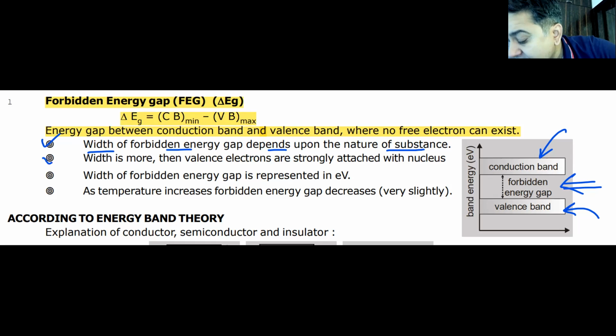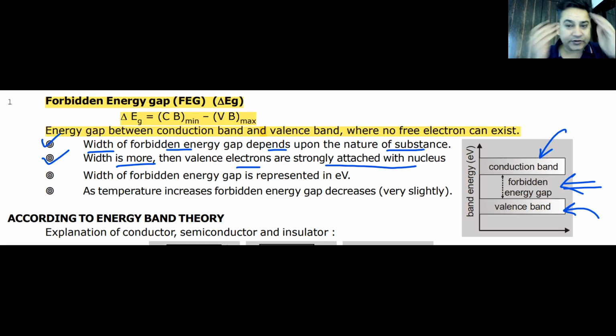Yes, sir. If the width is more, the valence electrons are strongly attracted to the nucleus and will not be able to jump into the conduction band, and therefore it may not be a good conductor. The width of the forbidden energy gap is given in eV.